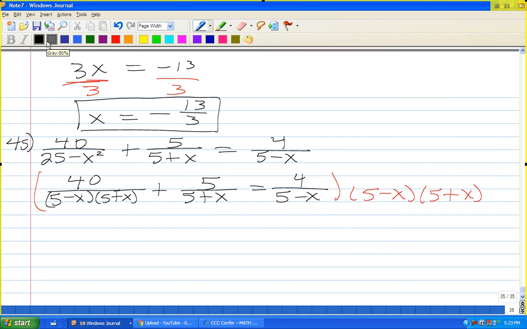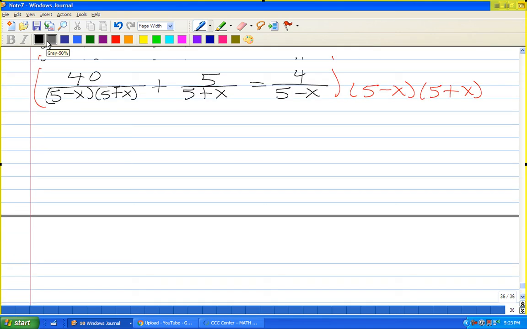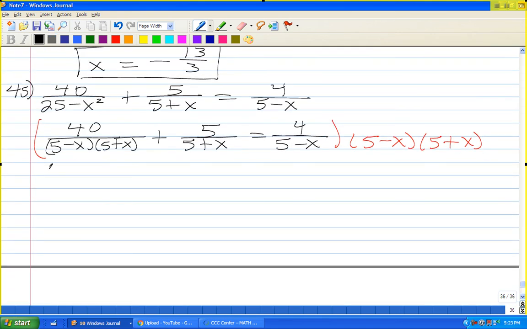So the 5 minus x's cancel, and you just get 40. The 5 minus x's cancel, the 5 plus x's cancel. You just get 40 plus, the 5 plus x's cancel, so you just get 5 times 5 minus x. The 5 minus x's cancel, so you just get 4 times 5 plus x.